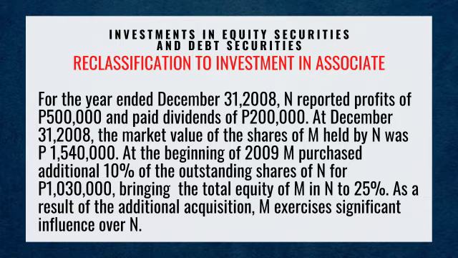pesos. At the beginning of 2009, M purchased an additional 10% of the outstanding shares of N for 1,030,000 pesos, bringing the total equity of M in N to 25% as a result of the additional acquisition.